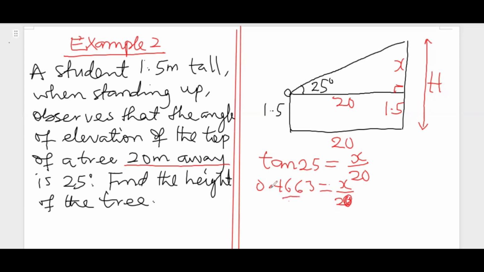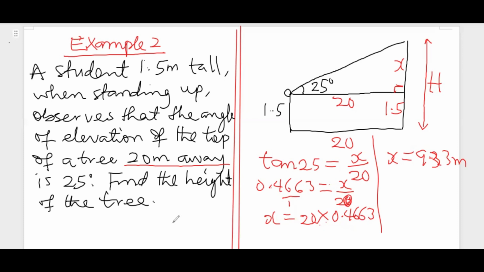This one is seen as over 1. 1 times x is x, and 20 multiplies 0.4663. And we got the value of x to be 9.33 meter.